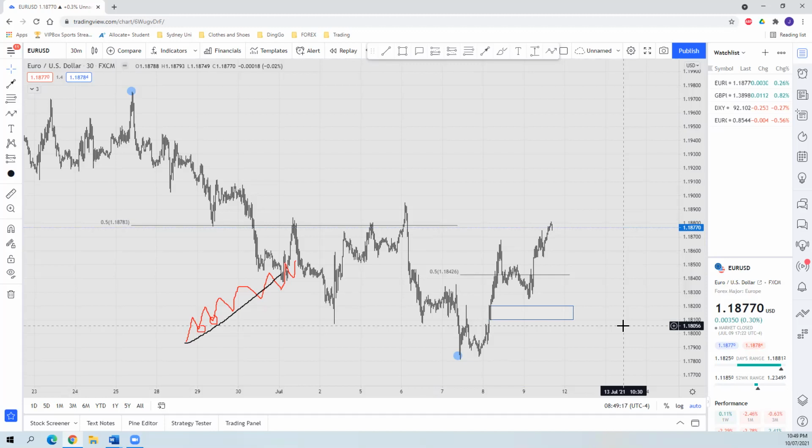Once price does this, once it breaks this structure, the intermediate term structure, now we get the new range from this low to this high. That is how a range will be created. Intermediate structure will be broken, then that is when we take this as the new range.